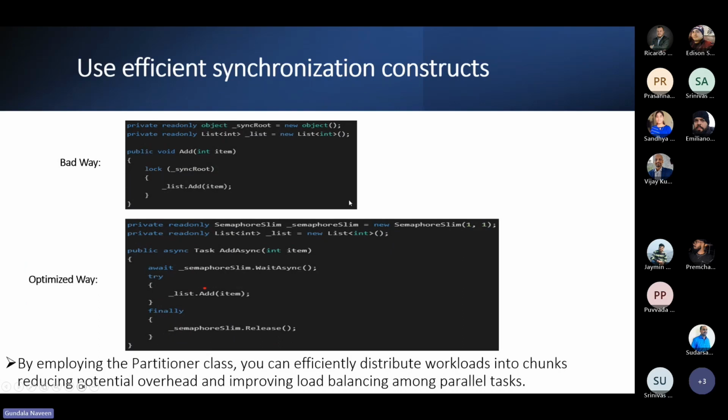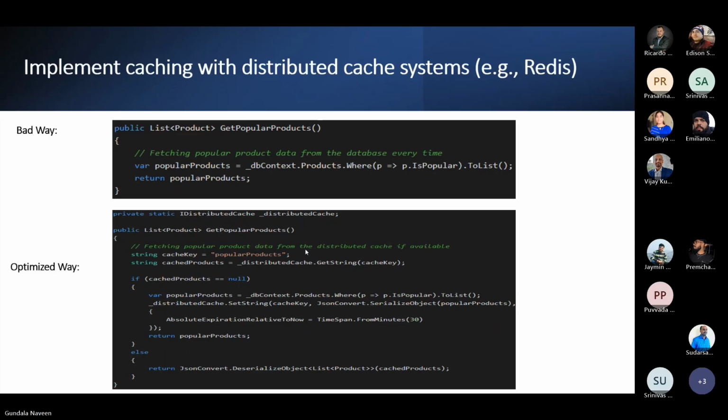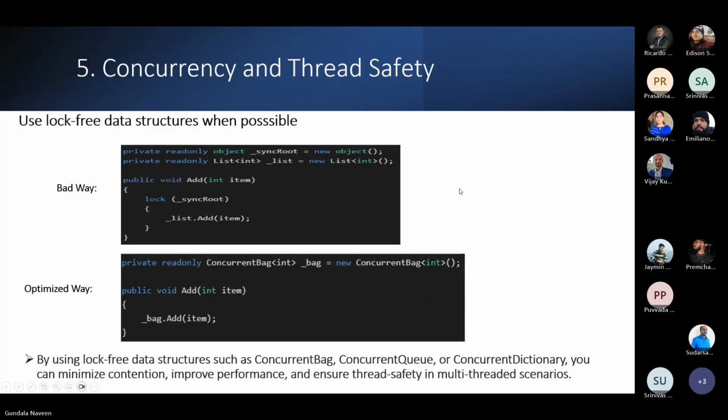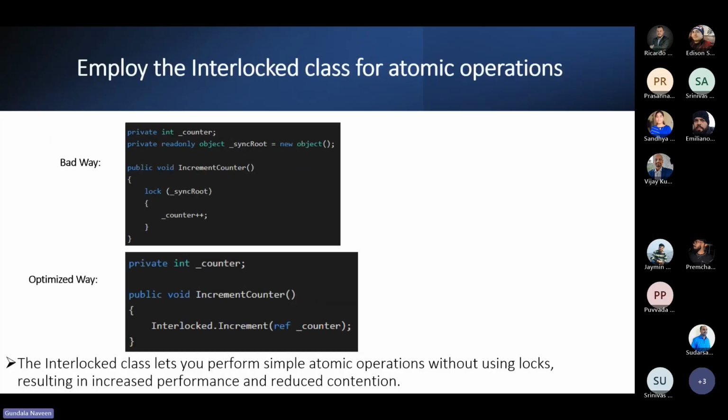Utilizing constructs such as SemaphoreSlim, ReaderWriterLockSlim, or Monitor can help you protect shared resources and maintain thread safety, while minimizing contention and performance impact.